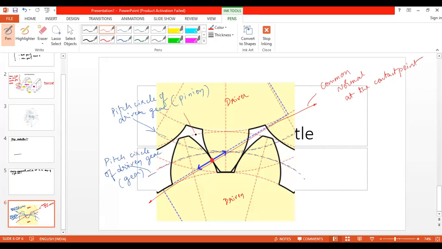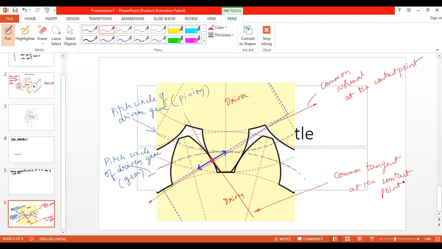Okay. And I can draw one more line here, which is known as the common tangent at the contact point or point of contact.